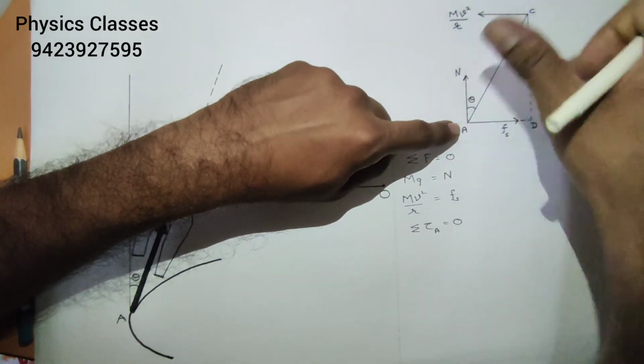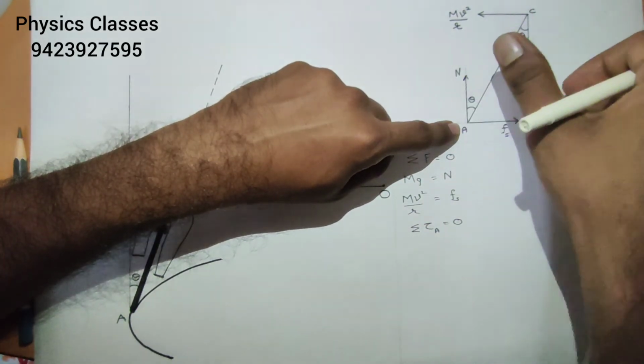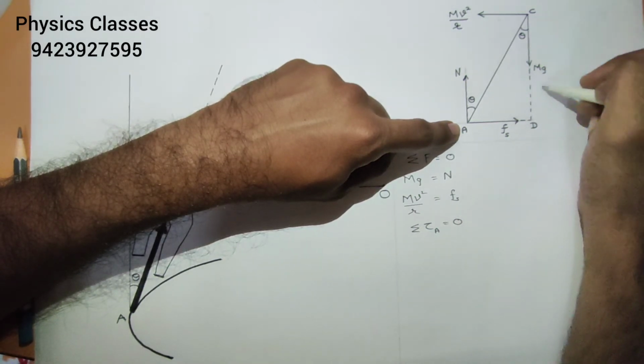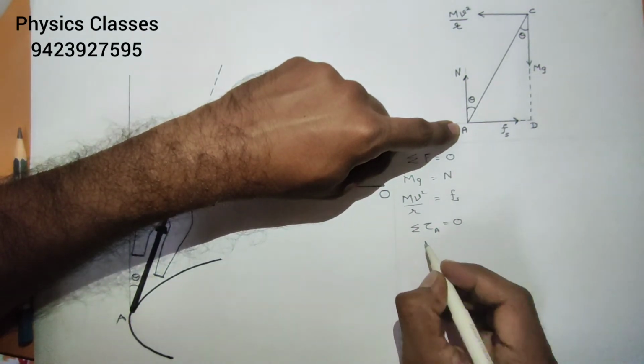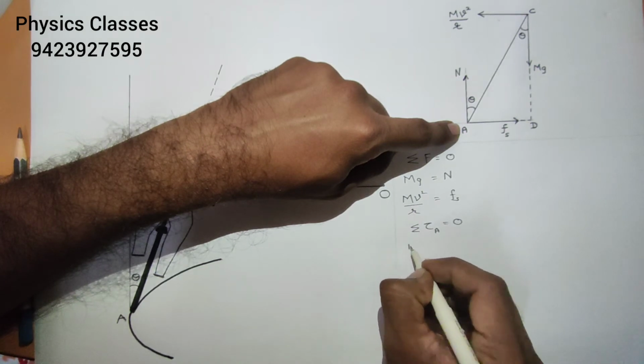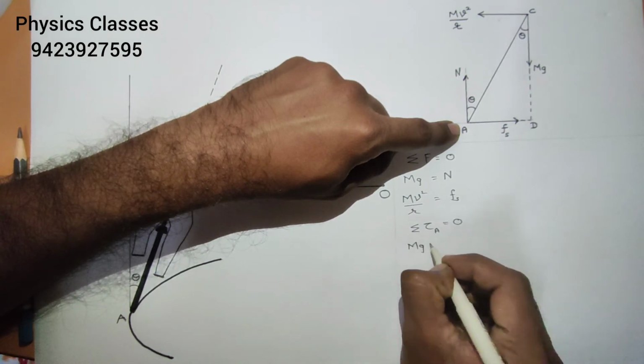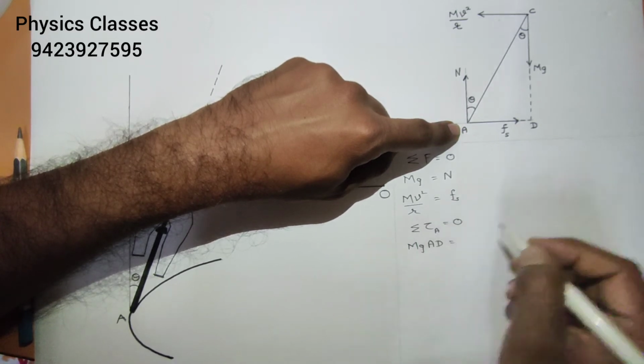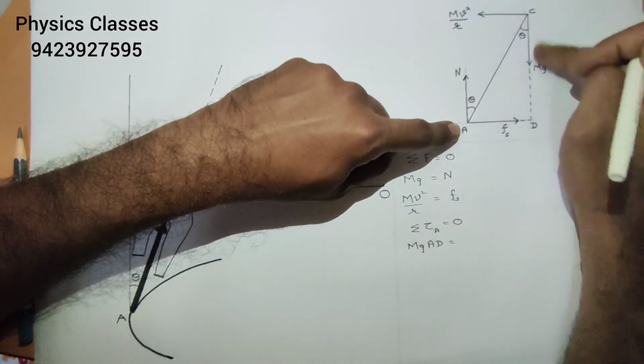So the clockwise torque will be equal to the anti-clockwise torque. What is the clockwise torque? It is mg into AD, that will be equal to mv square upon r into CD.